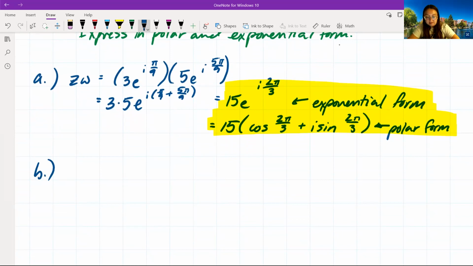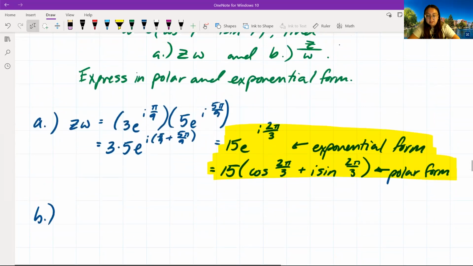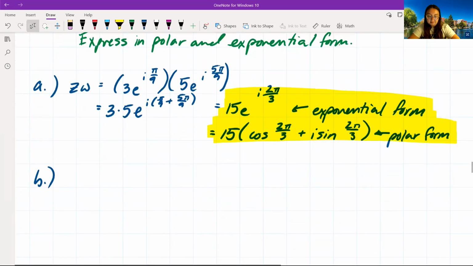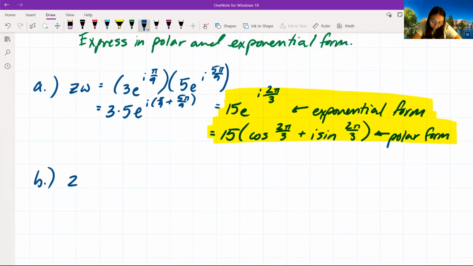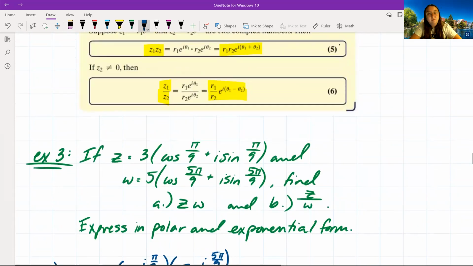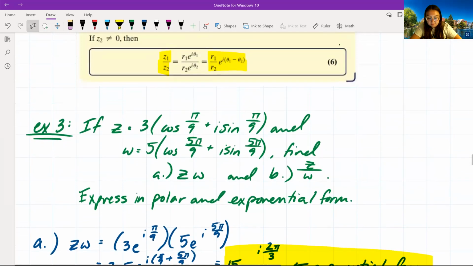So now for part B. Now we're finding the quotient. So we're taking z divided by w. If we have z divided by w, we want to put this in our first version of our form here.